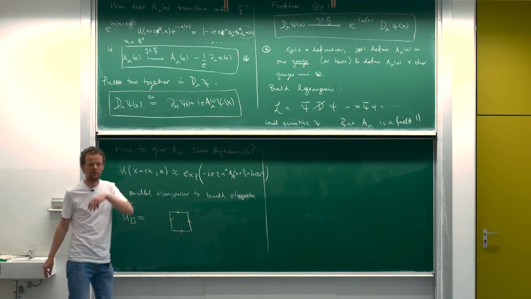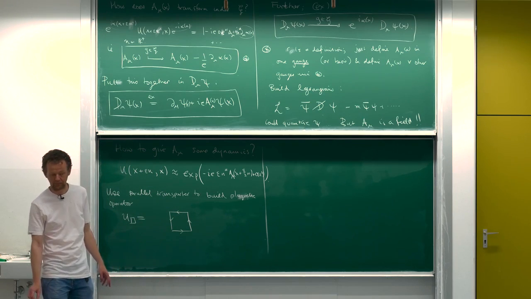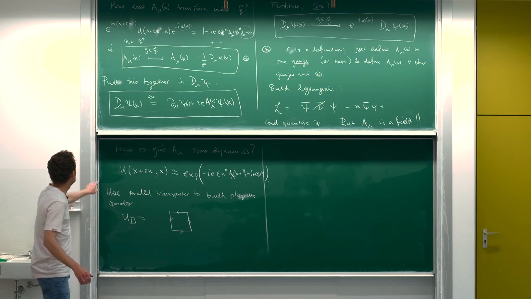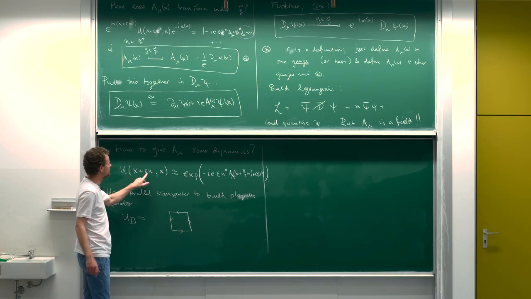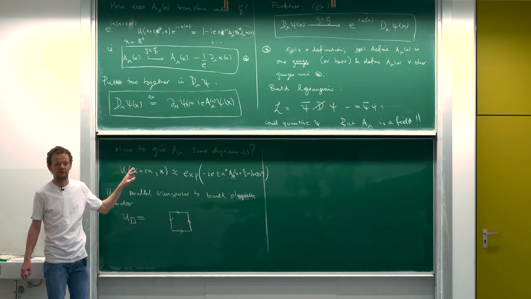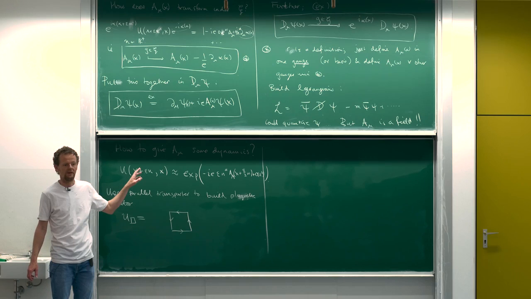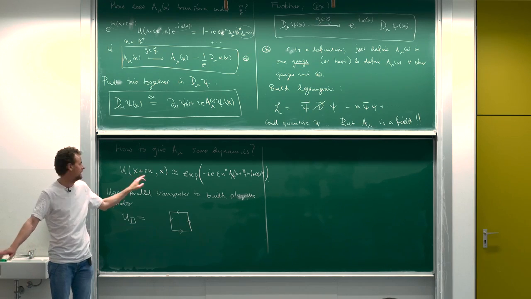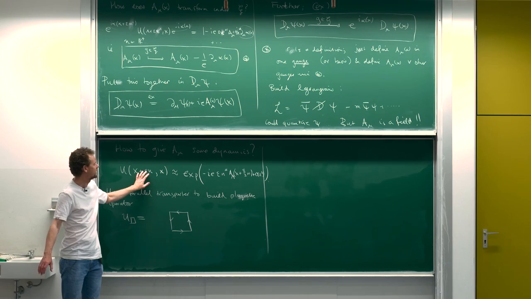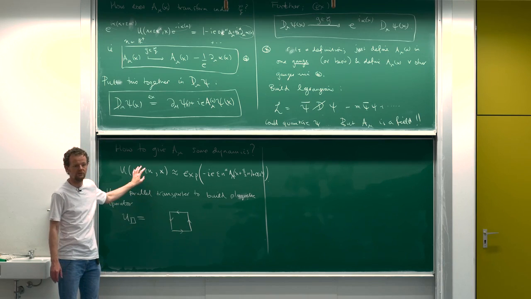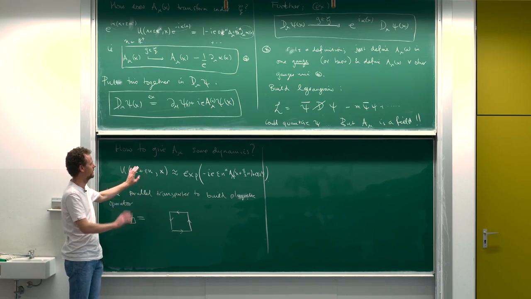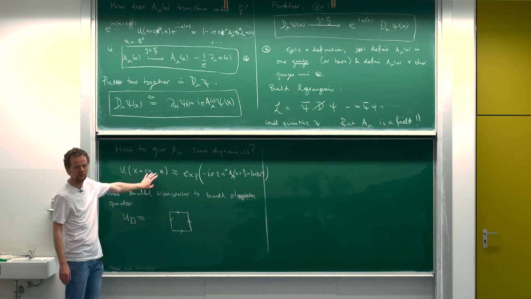So I'll tell the story first and then I'll write the math. So U from x to x plus epsilon n is the way to move a field at x to x plus epsilon n in such a way that it transforms in just the right way. You move it in as parallel a way as possible is the differential geometric interpretation.